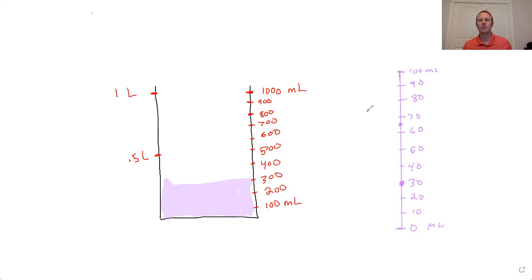But it's a good visual representation of the numbers that you're measuring without having to draw the whole container. You can just look at the measurement side. This is essentially saying that I measured up to 30. So you didn't have to draw a whole cup and show that it was colored in up to 30. You just draw a number line and put a dot. It's the same basic thing as saying that it was full to 30 milliliters.